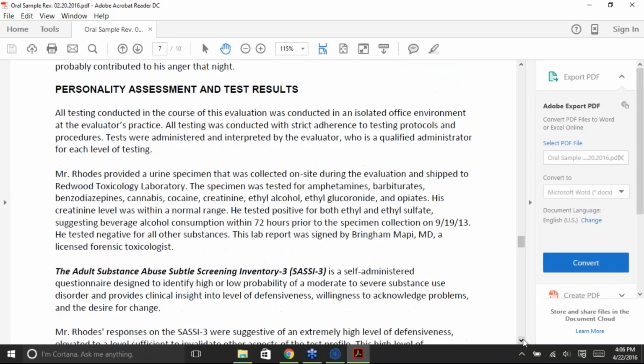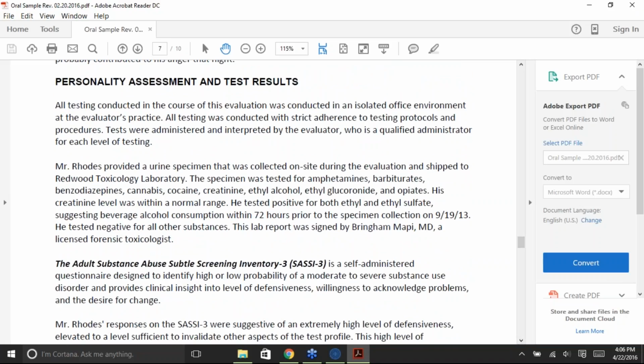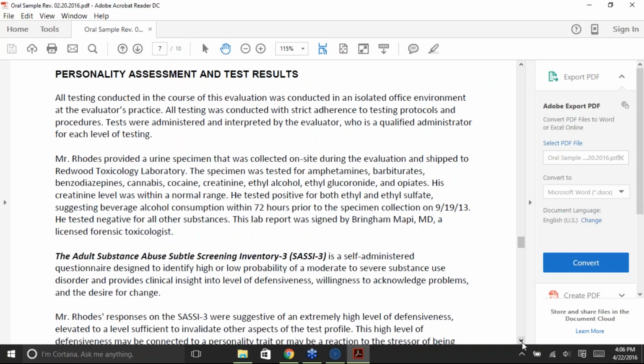I wrote, first of all, I did a urinalysis test, and that actually did involve someone else interpreting results. So I had to document that information in good detail and what their qualifications were and that sort of thing. Notice this paragraph: all testing conducted in the course of this evaluation was conducted in an isolated office environment at the evaluator's practice.